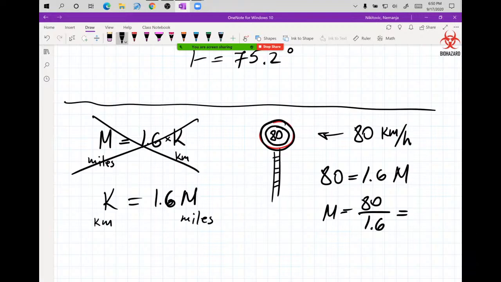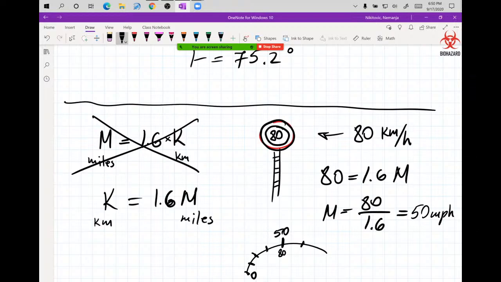So now you divide this value, 80 divided by 1.6, and you will get 50 miles per hour. And you will see on the speedometer in a car, like this, that it says 50, but then it says 80 on the bottom, on the same tick mark for your speedometer for the car.